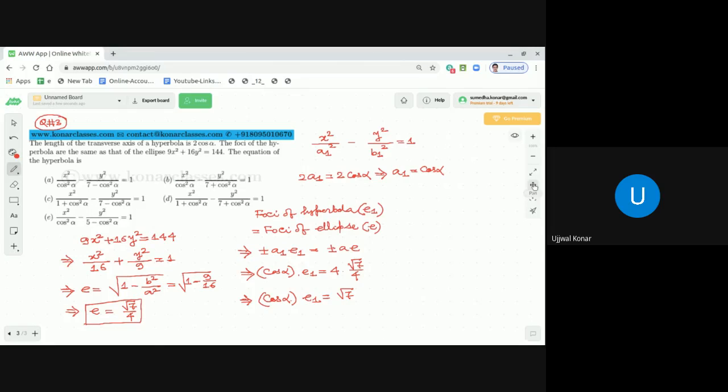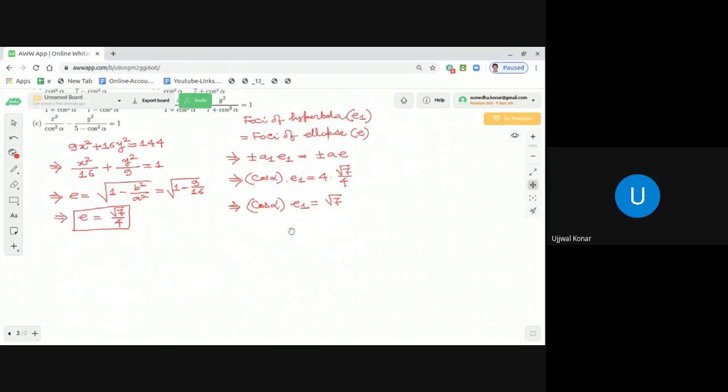So let's make a little more derivation. This implies cos α · e1, where e1 is √(1 + b1²/a1²), and a1 we already got as cos α, so a1² is cos² α, and that is equal to √7.